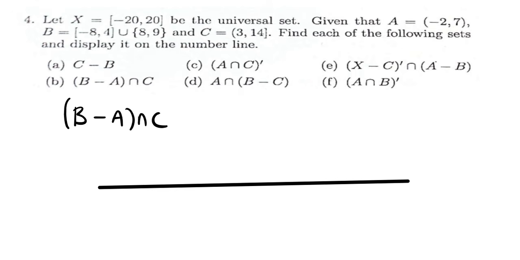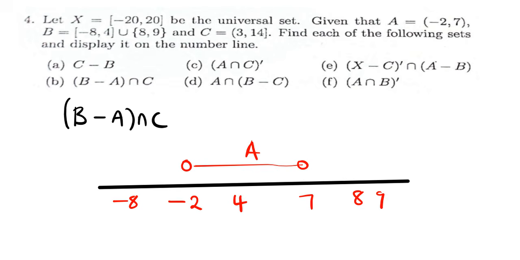Okay, A is from -2 to 7, and both of them are not included, so I'm going to open. Okay, that is our A. And then B, let's say -8 is there, let's say 4 is here, let's say 8 is there, and 9 is there.